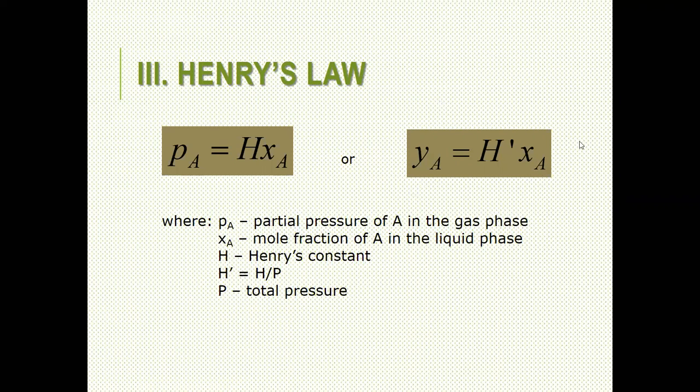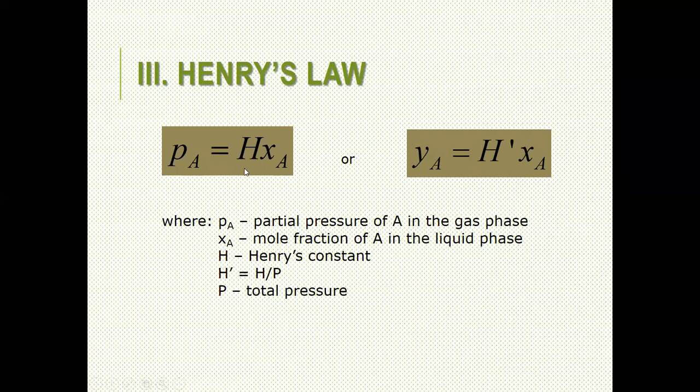If this is not given in the problem and there's a way for you to find the H from a particular table for your system that is given, then do so. All you have to do is divide the original equation by the total pressure, and it will give you this particular equation of YA in terms of XA.